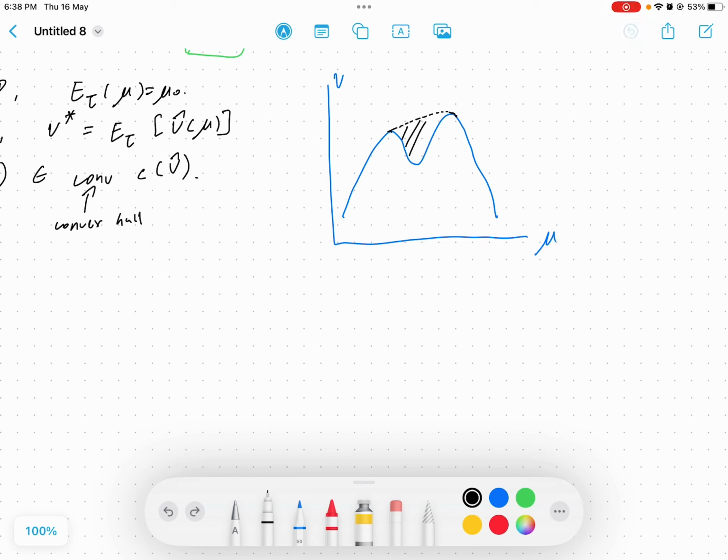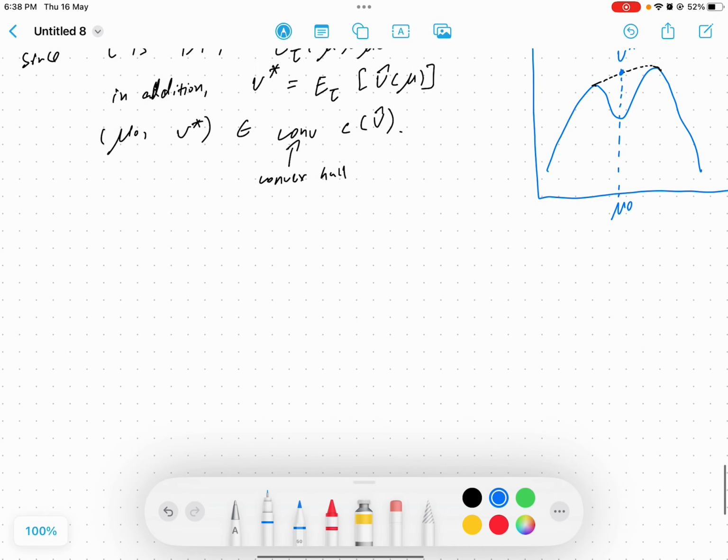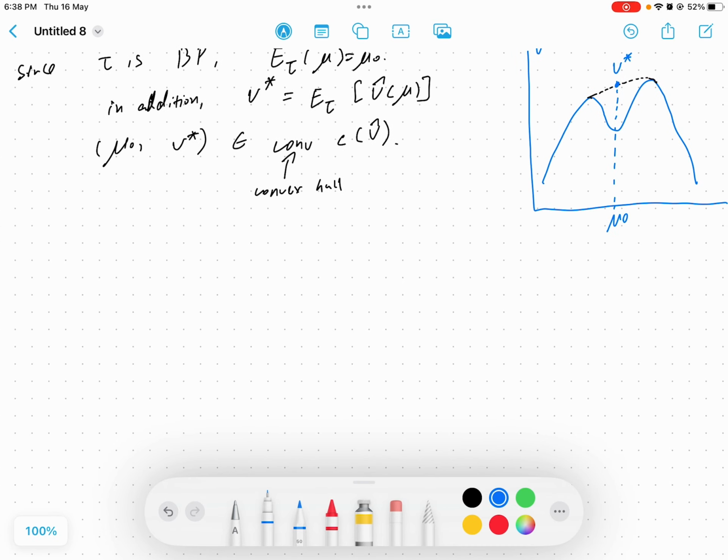So then if our mu naught is somewhere here, let's say, and this V star is here, then this is actually inside of the convex hull of V hat. Okay, so that's essentially what we're saying here. So if we have that, then we're able to use the Kamenica theorem.